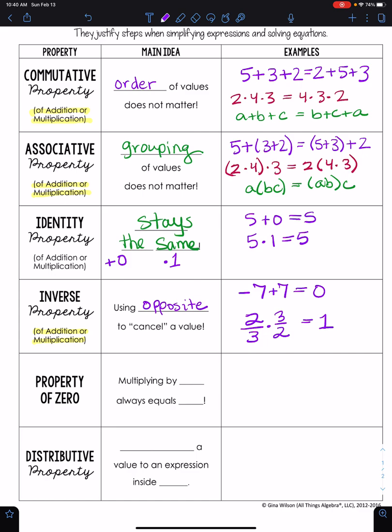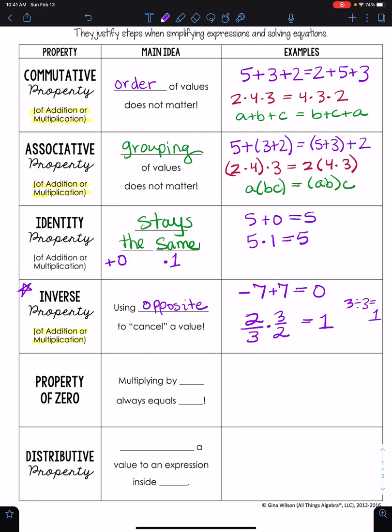You could do like 3 divided by 3 to get 1. And so on. This one's not even in our book. It came with these notes, but it is an important property for when we get to equations, which is coming up real quick.